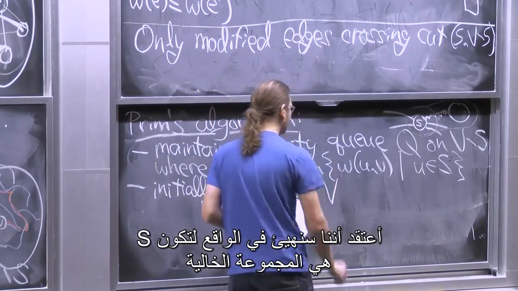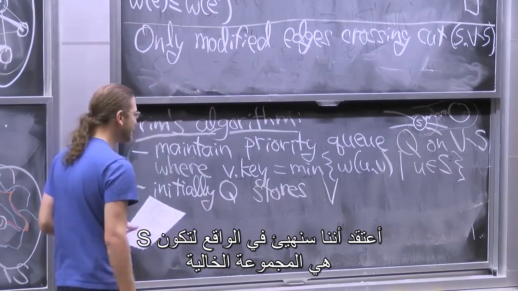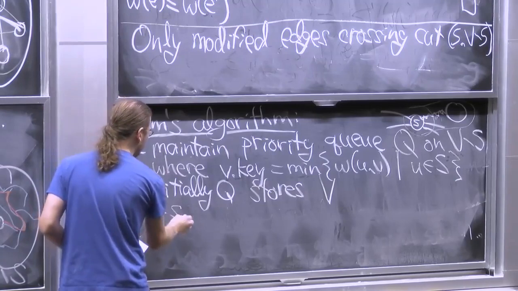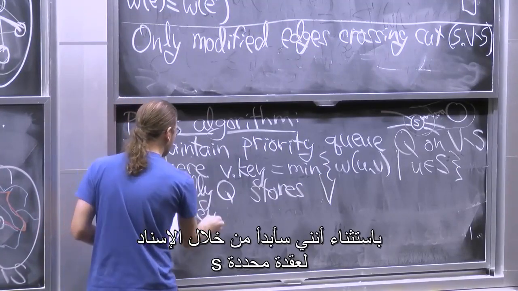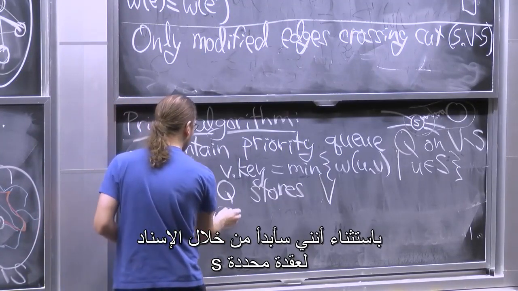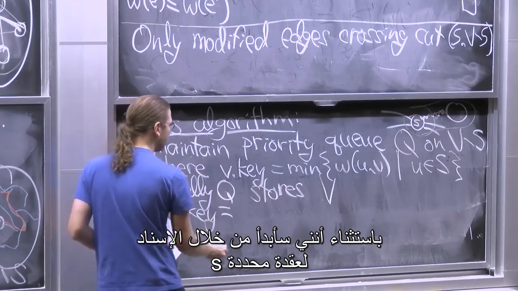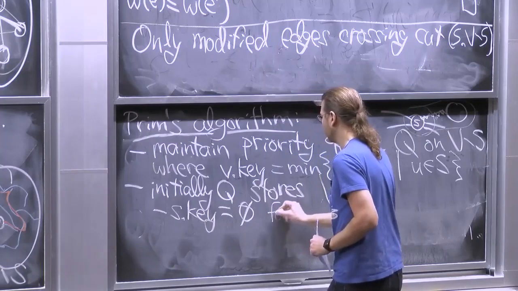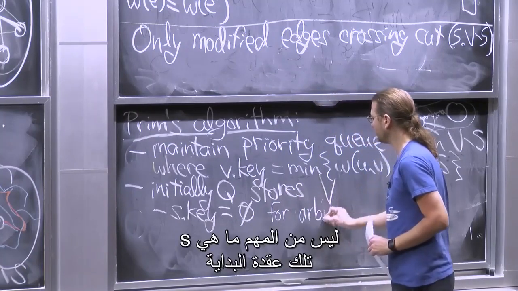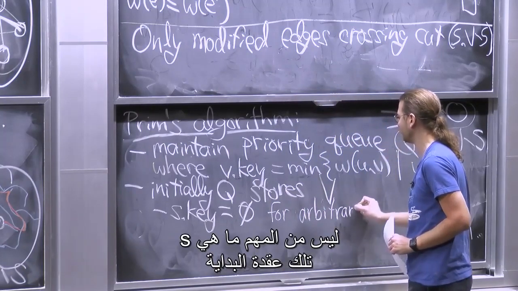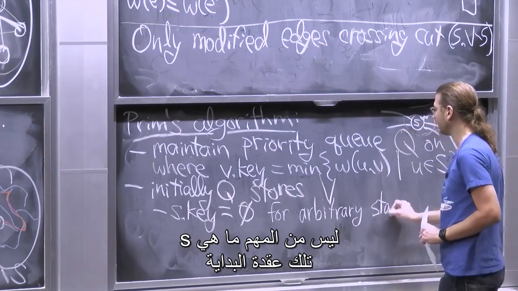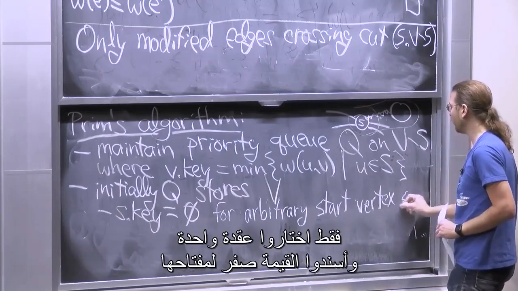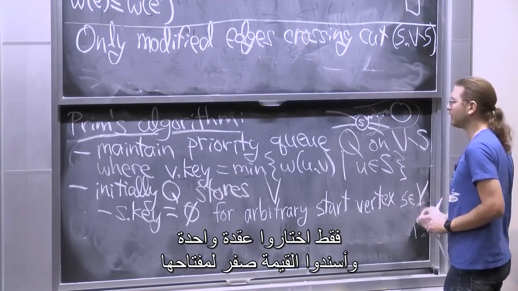Okay, we're going to initialize with S being the empty set. So Q will store everybody, except I'm going to get things started by setting, for a particular vertex little s, its key to 0. It doesn't matter who little s is. That's just your start vertex. Just pick one vertex and set its key to 0.